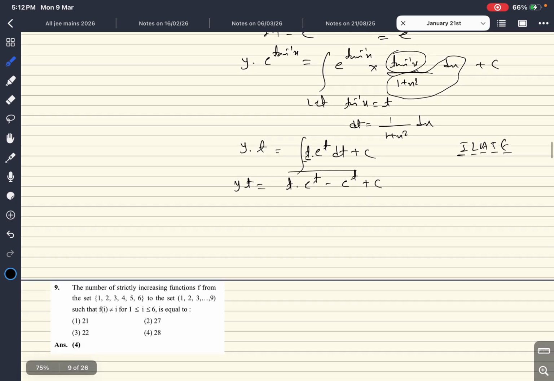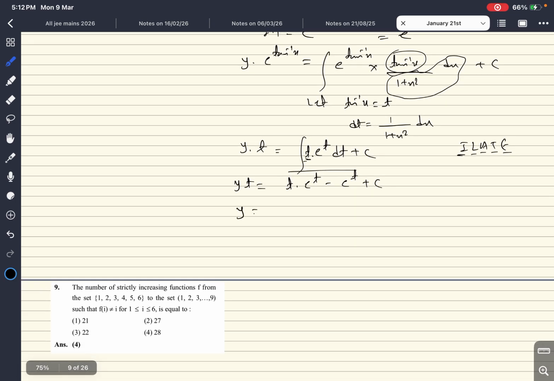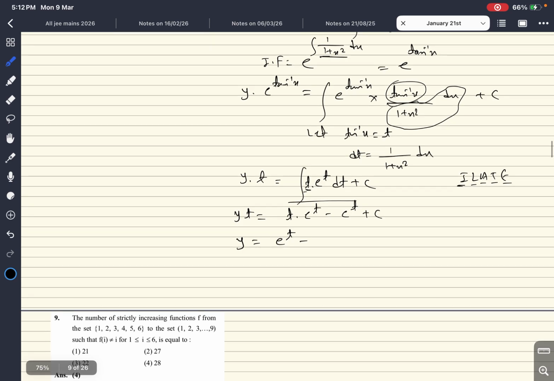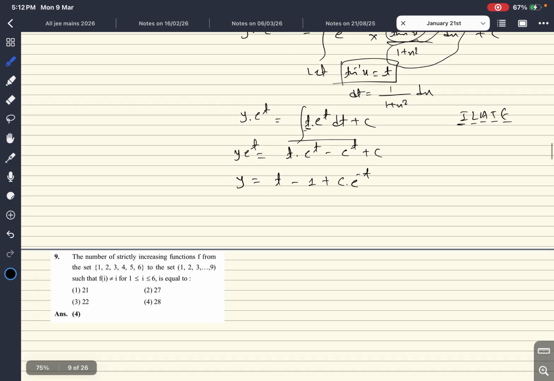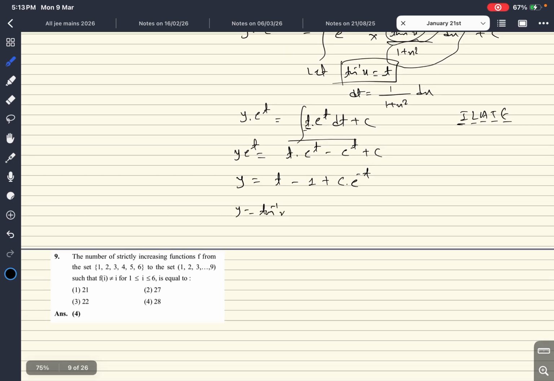Now you just divide by e power t, what is remaining: t minus 1 plus c into e to the power minus t. Okay, replace t as tan inverse of x, so y is equal to tan inverse of x minus 1 plus c times e to the power minus of tan inverse of x.